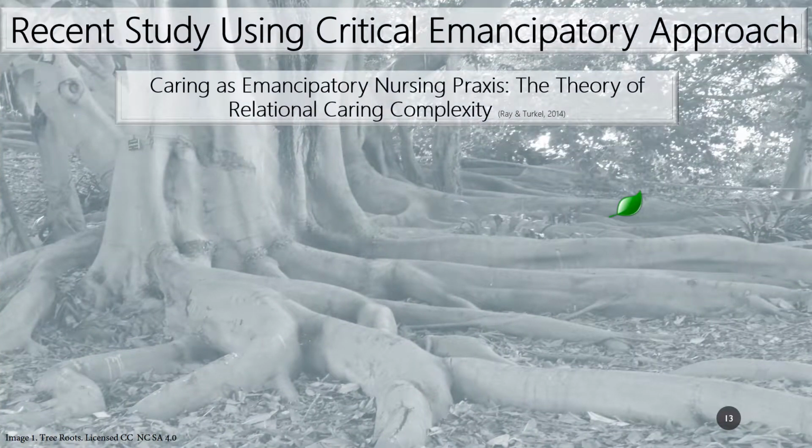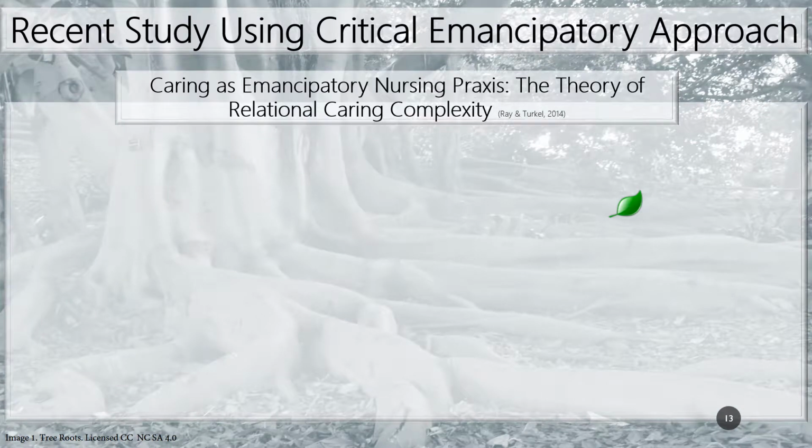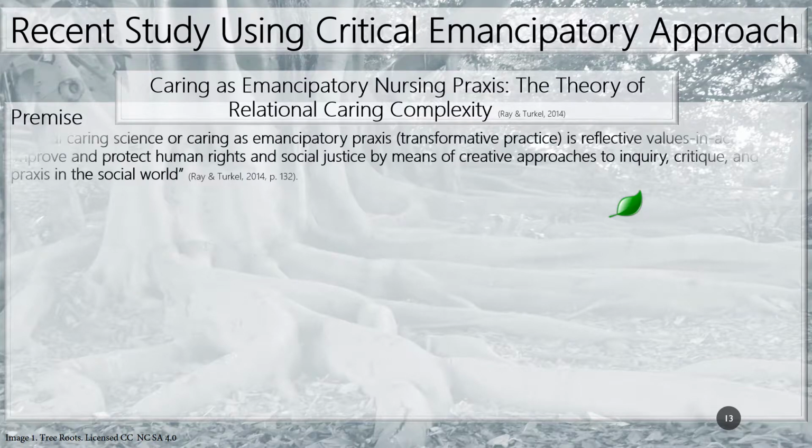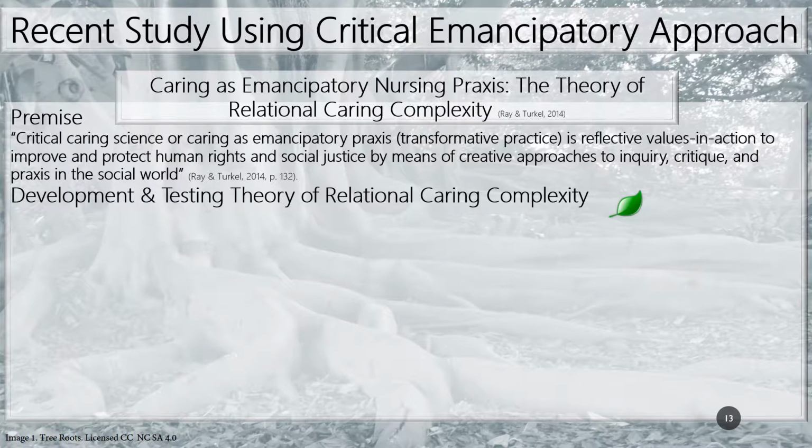The example study that I'm going to use that has used the emancipatory critical theory is Caring as Emancipatory Nursing Praxis, the Theory of Relational Caring Complexity. Ray and Turkle's research spanned several decades, and it resulted in the development of a theory and measurement instruments.